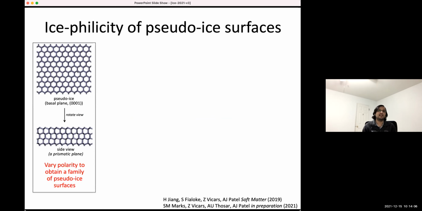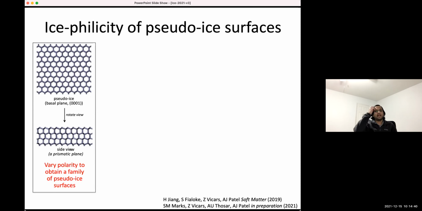And so we took the molecules that are part of an ice crystal and position restrain them to make what we like to call a pseudo ice surface. And then, to vary their properties, we systematically varied the polarity of this pseudo ice surface to generate a family of these pseudo ice surfaces.